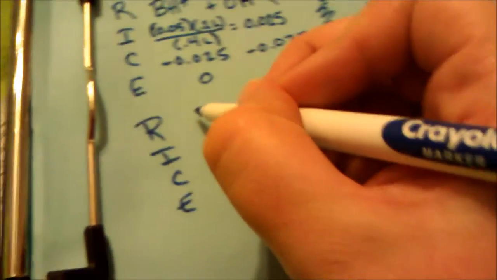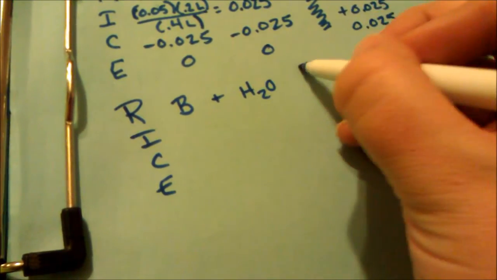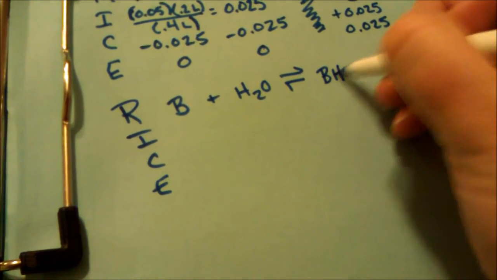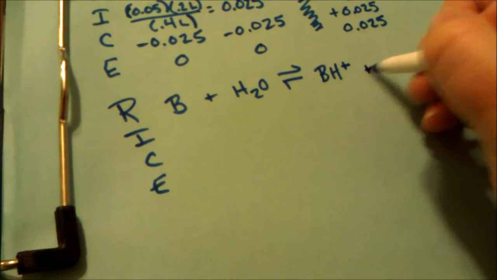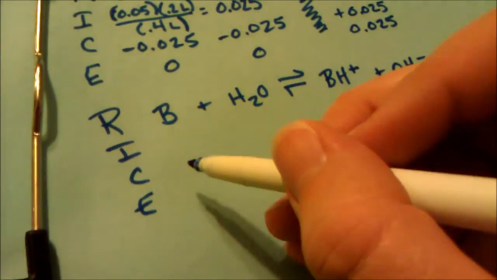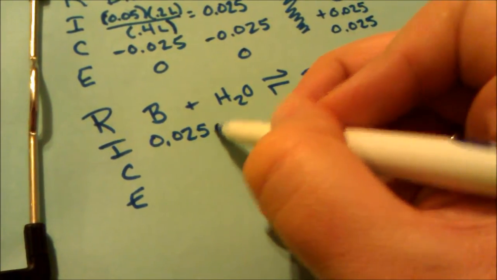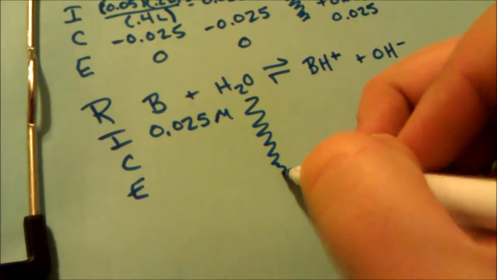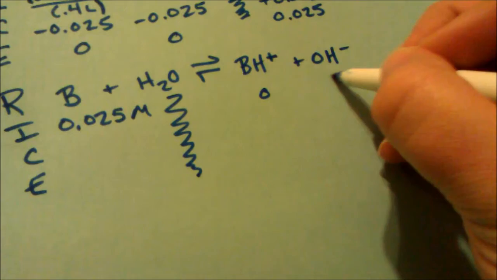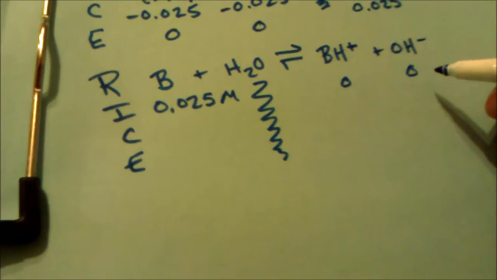Okay, so I'm going to rewrite this whole thing as now we're starting with our base again, reacting with water to form our conjugate weak acid and our hydroxide ion. Okay, and I know I'm starting this equilibrium with 0.025 molar of my base, an amount of water that doesn't matter, and 0 of my weak acid and my hydroxide ions.